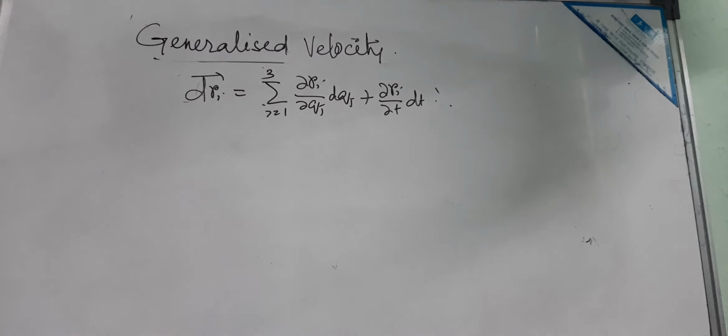This is the small change in the position. If you divide it by time, that gives the generalized velocity.